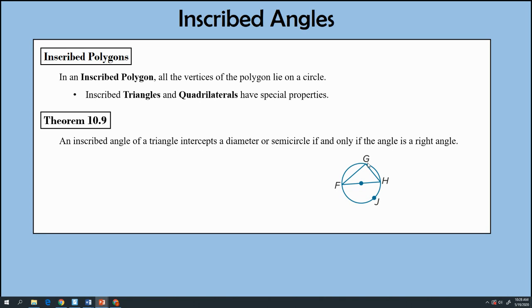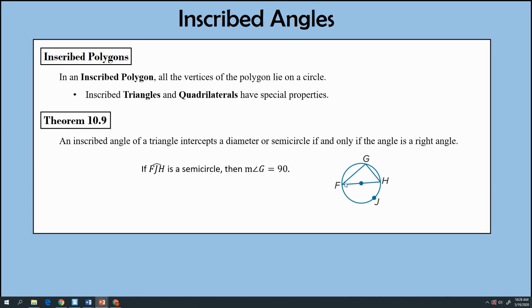If it's an inscribed angle, that means it is half of the arc that it intercepts. So, here's angle G. It's intercepting FH, which is a diameter. This arc is 180 degrees, so that means this angle is 90. And you actually did some of these yesterday. But now we have a theorem that sums that up.